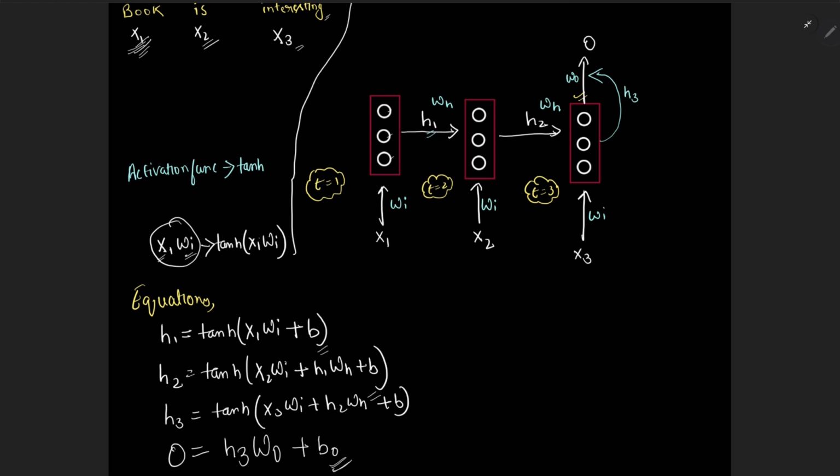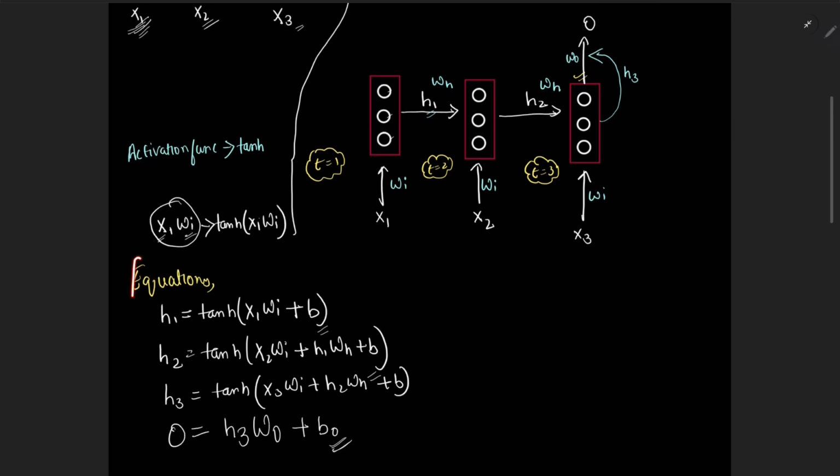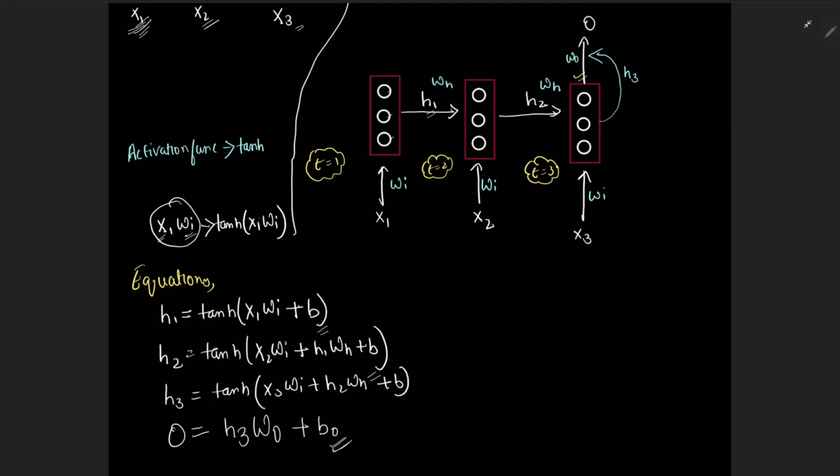The second important thing which is cleared from this forward propagation is why we use RNN for sequential data. In the previous videos also, we have seen that we use RNN for sequential data because it has the ability to store memory. It has the ability to retain memory. And from this equation, it is clear how it has the ability to retain memory.